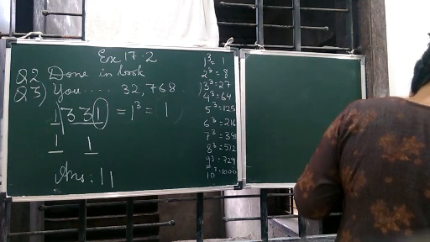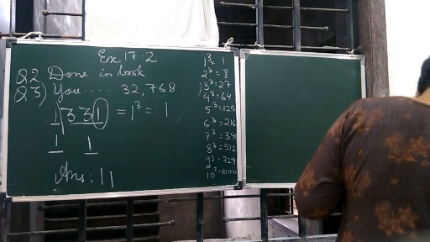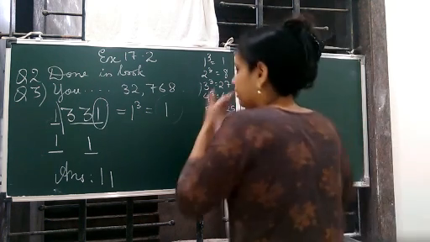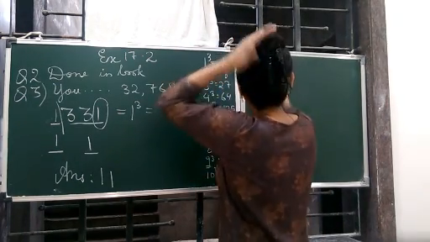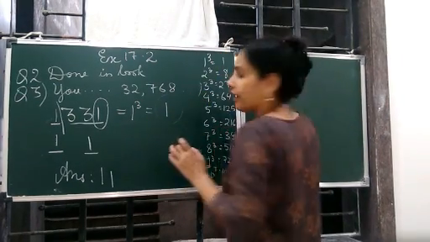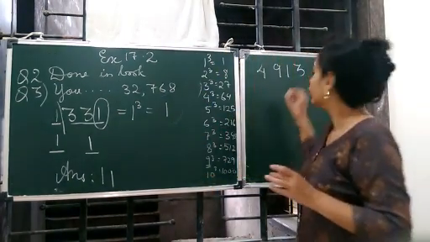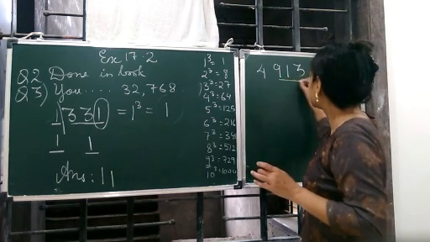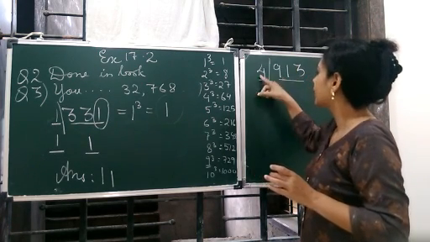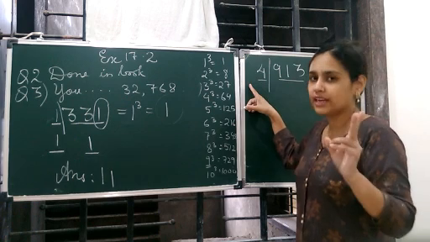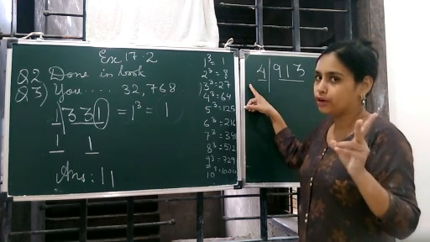Then the next number is 4913. This was the first one, then 4913. Again, first thing, we group it. This is the first group, this is the second group. Again, you see, there are two groups, that means our answer will have two digits.